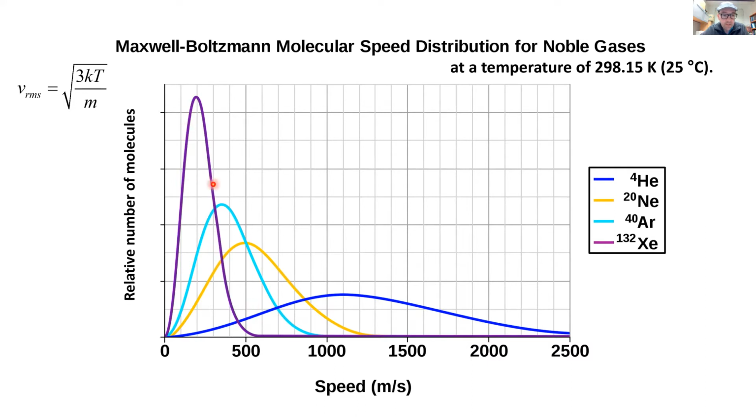And again, this is normalized, so the reason it's getting lower as it spreads out is because we have a fixed amount of gas that we're comparing.